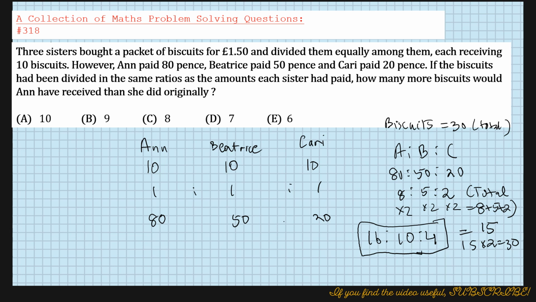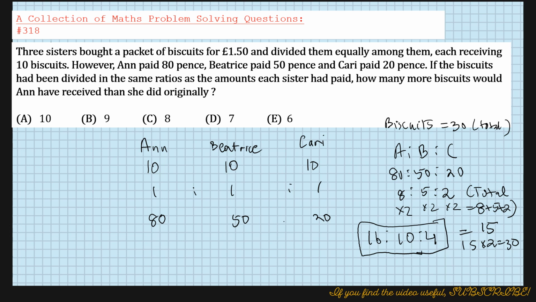So therefore, if the biscuits had been divided in the same proportion as the money they paid, then Anne would get 16 biscuits, Beatrice would get 10 biscuits, and Cari would get 4 biscuits.